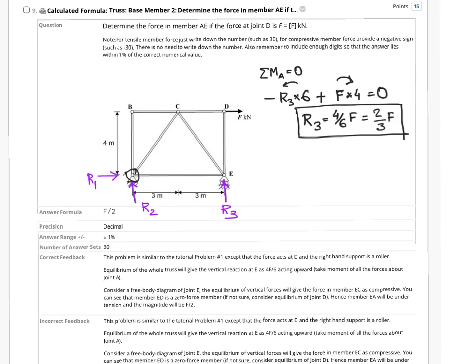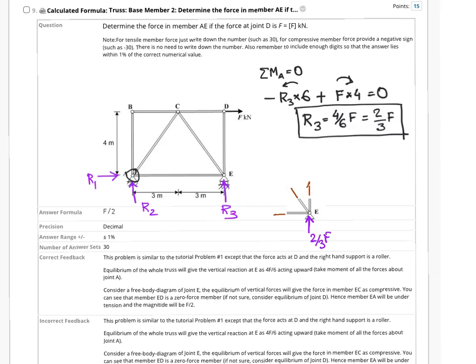So let's take a section at joint E. If I take a section at joint E, what are the forces that we have got? We have got an R3 force there, which is the same as 2/3 F. And then I have exposed three members, this member, and that member.